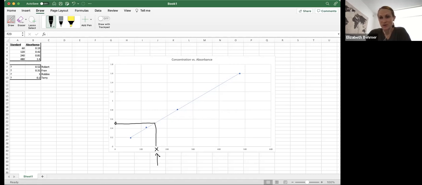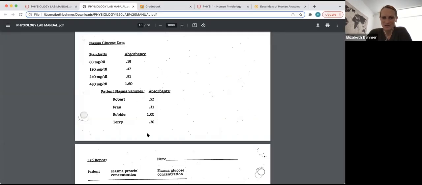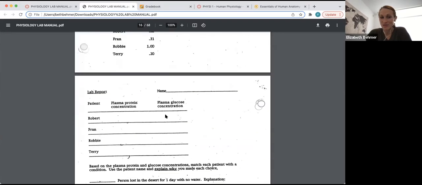You can estimate this the best you can. I would say it's a little bit more than halfway between 100 and 200, so I would guess maybe 160, 170. So you put 170 in your lab report for the plasma glucose concentration level of Robert.